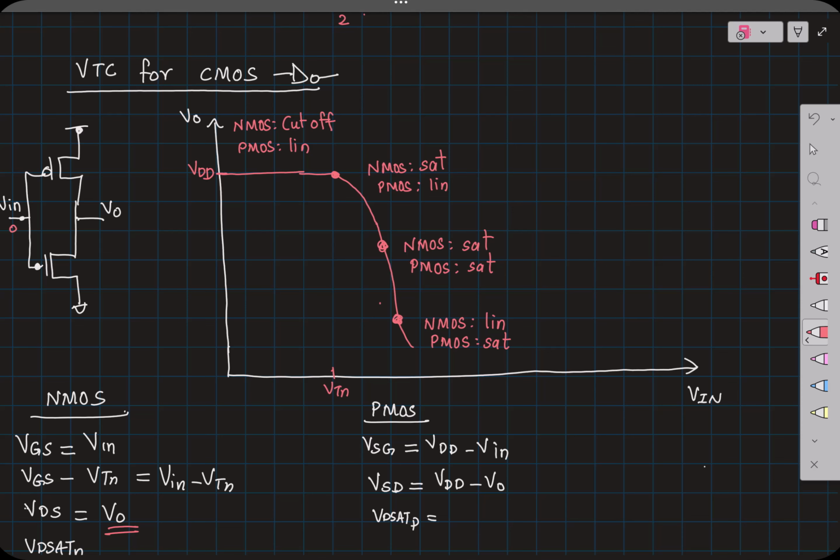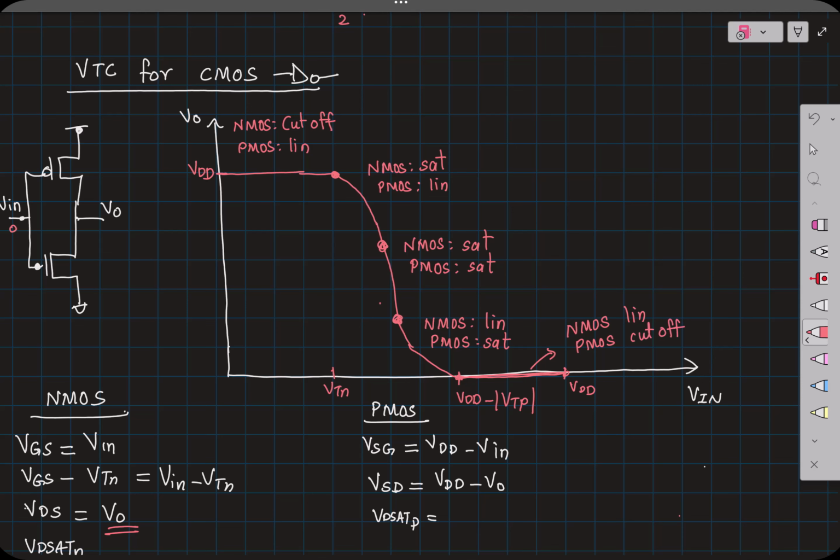At what value will it enter into cutoff? When it hits VDD minus mod VTP, then your PMOS enters into cutoff, and beyond that, the output value is simply 0. So this corresponds to 0 value, and that is true from VDD minus mod VTP till your input reaches VDD. So in this region, you have NMOS in linear region and PMOS in cutoff.